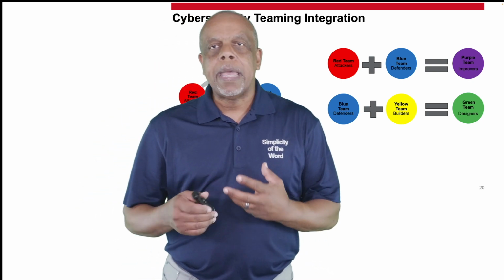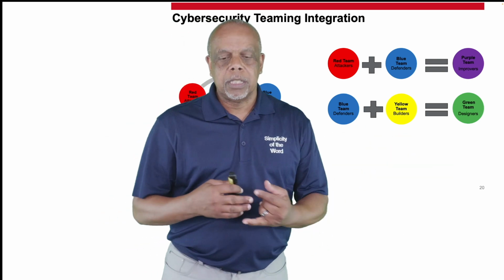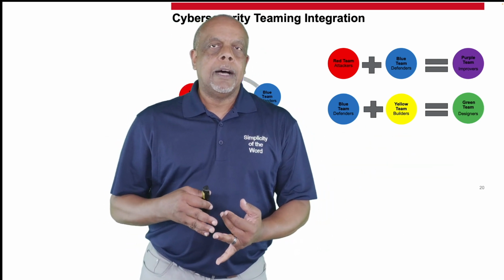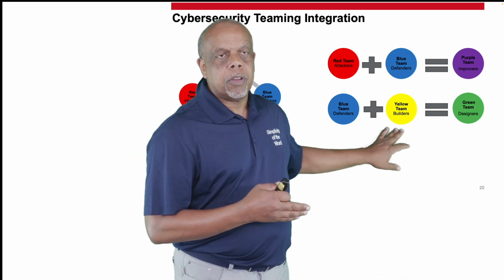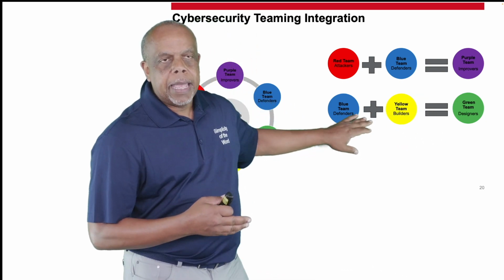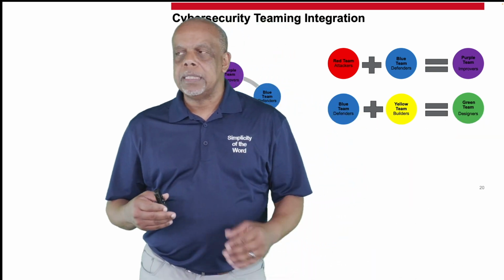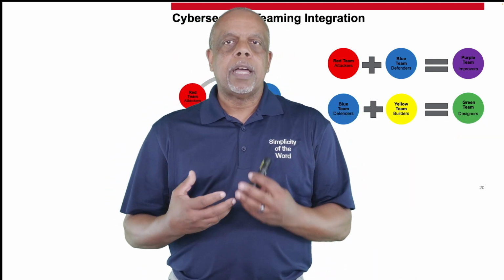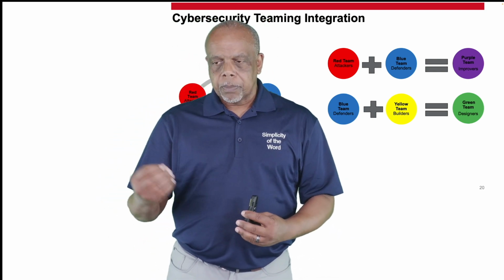So now I start baking security in, understanding that if my defensive team who understands cybersecurity controls, how to mitigate risk, and they are looking over the shoulder of our software development team, now that's where the tactics, techniques, and procedures for that green team come about. Now that they know how to start training yellow team members based on blue team tactics.